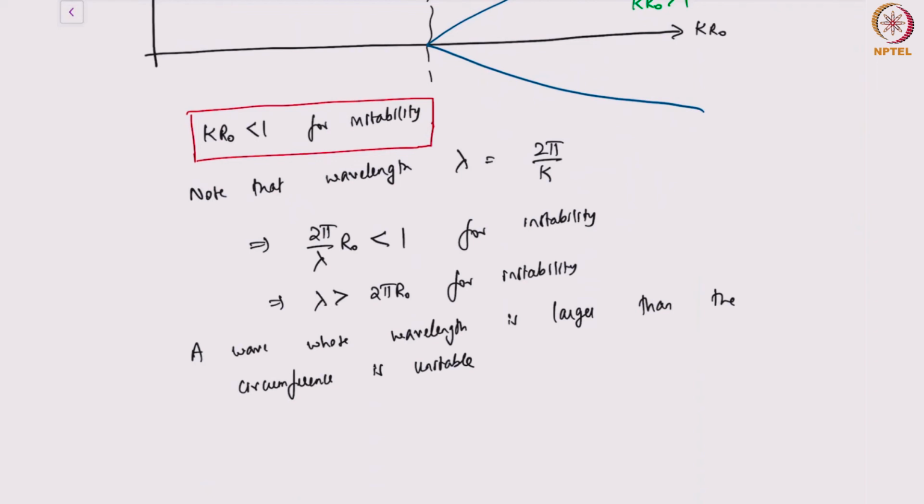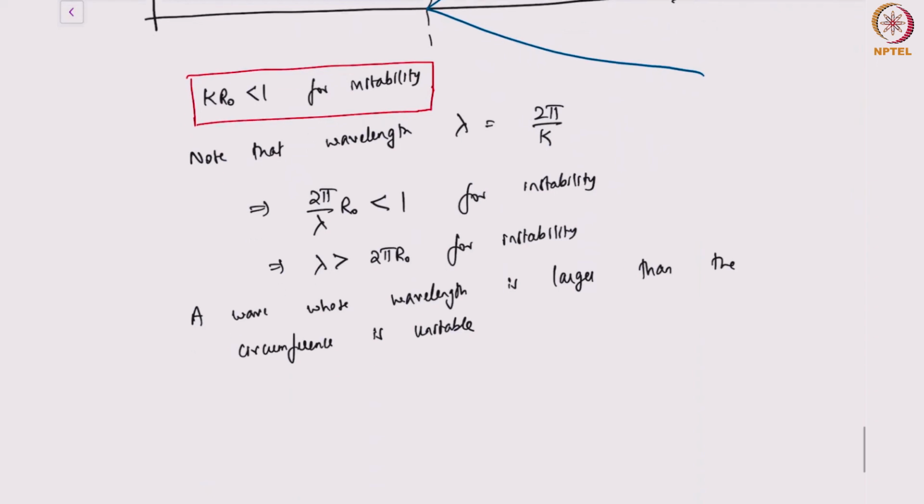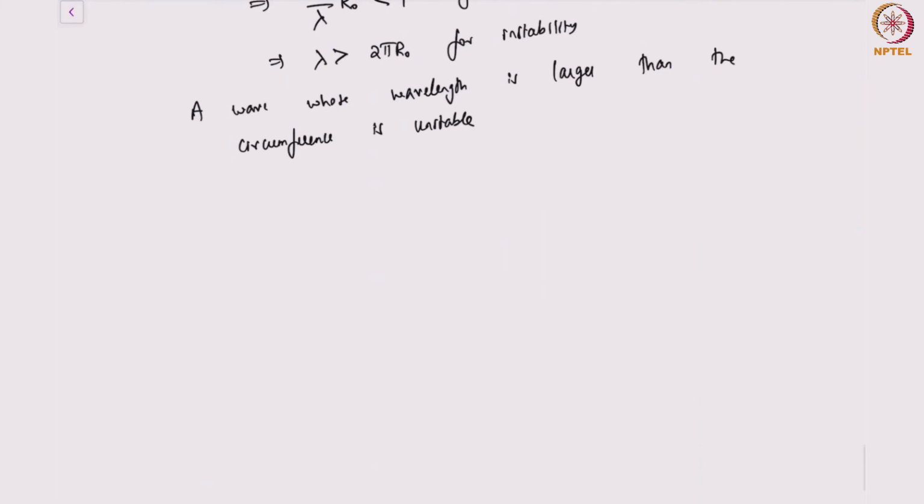So this is a long wavelength instability. Any wave larger than this is unstable, but if the wave is smaller than this wavelength, surface tension will not allow those waves to grow, because surface tension is most effective at small scales.